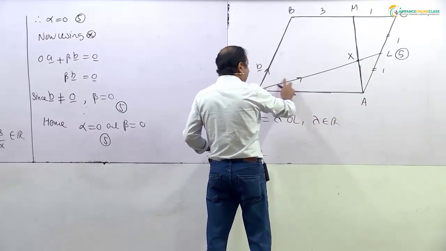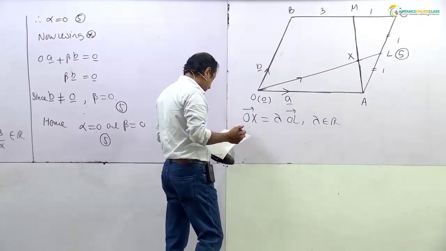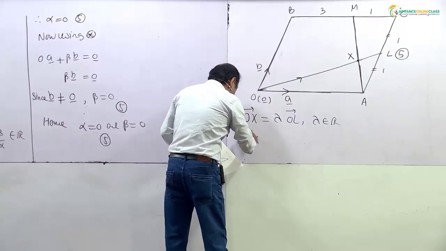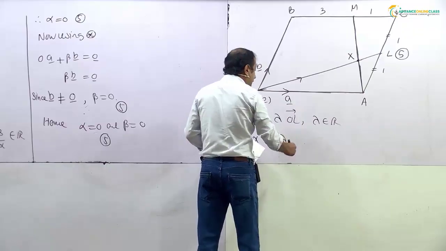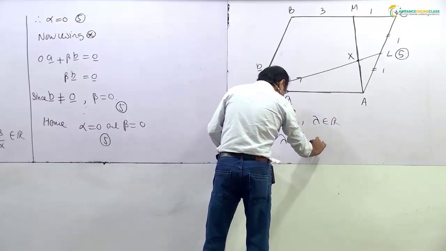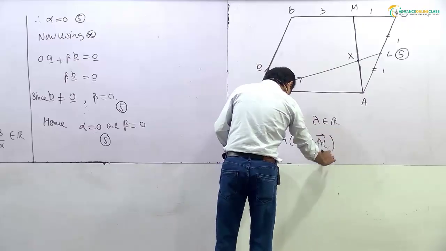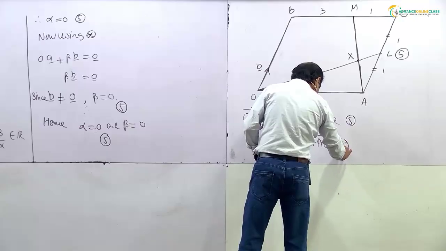OX vector you can write as a part of OL vector. OX vector you can write lambda times OL vector, you can write OA vector plus AL vector. For this also 5 marks. Here also 5 marks.